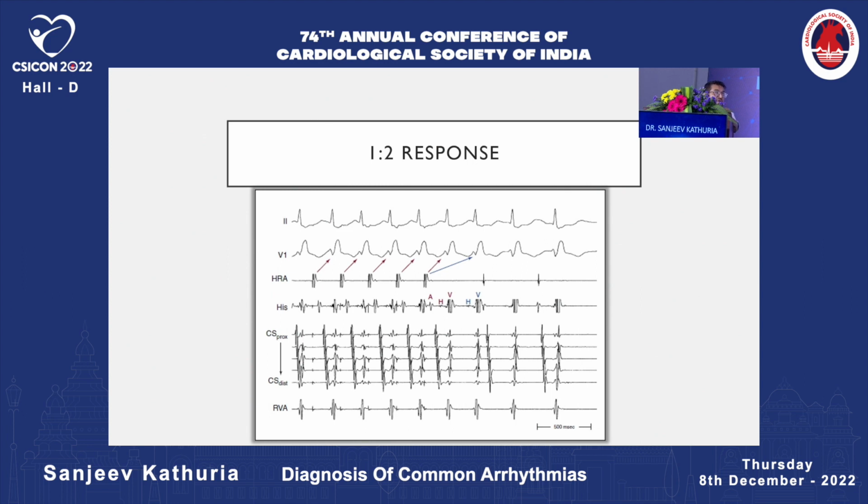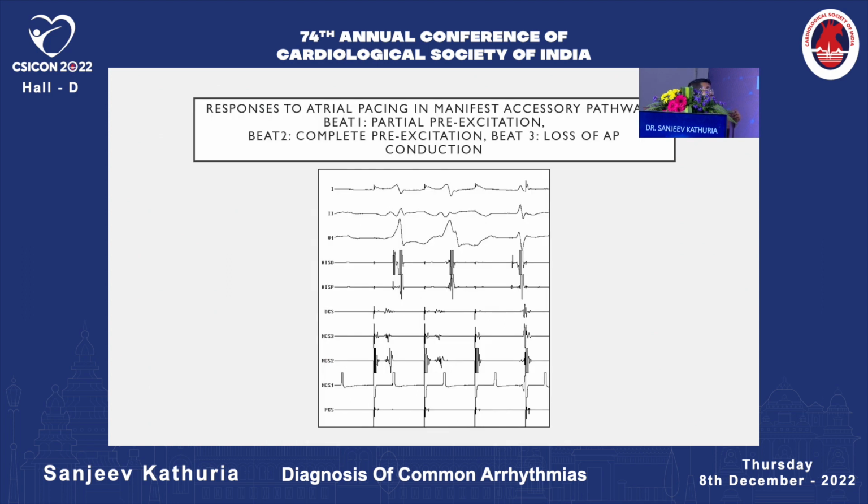Let's say there is no retrograde conducting property in the slow pathway. Then for a single A, you will have two V's. That means a single atrial extra stimulus is now sending V via the slow pathway as well as the fast pathway. That is an indicator that you have an AVNRT. So that's known as a 1:2 response.